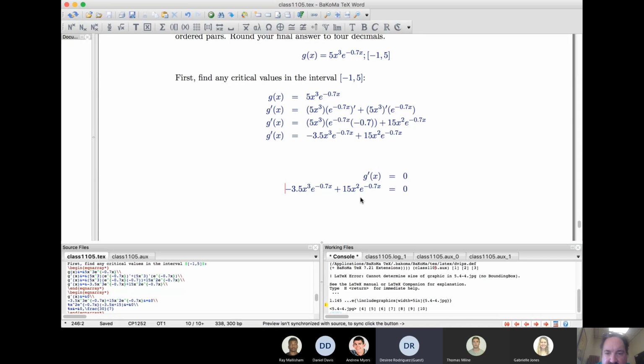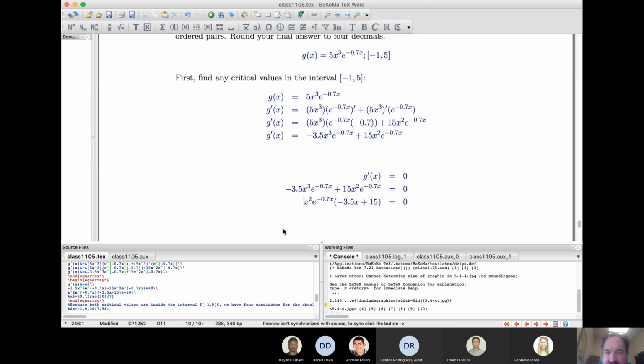Would it be x squared e to the 0.7? Yeah, so I mentioned the exponential earlier, but yeah, each term has at least an x squared. So we go ahead and factor out the x squared. And this is what's left, minus 3.5 times the remaining x. And here we have just a plus 15.